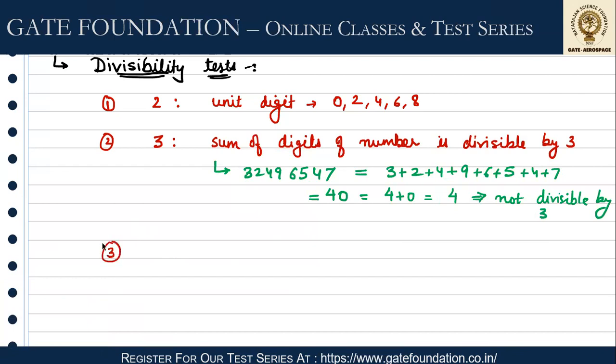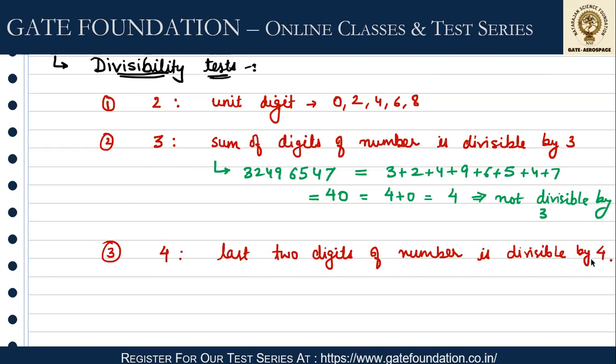Now next, the divisibility test of 4. The last two digits of the number should be divisible by 4. If the last two digits are divisible by 4, the entire number is divisible by 4.